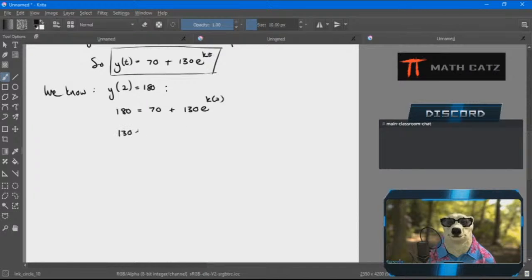So 130 e to the 2k is therefore 180 minus 70, which is 110. So e to the 2k is 110 over 130. And so 2k is the natural log of that. And k is then the natural log over 2.